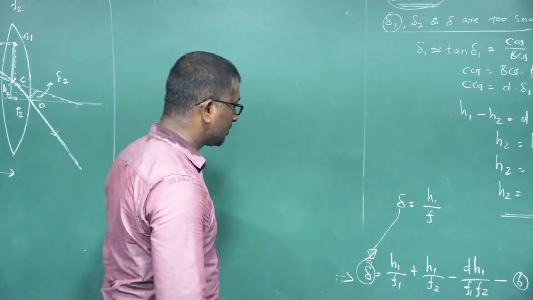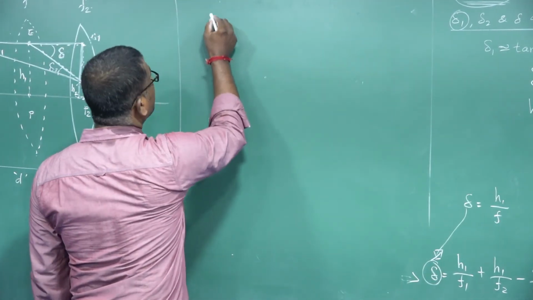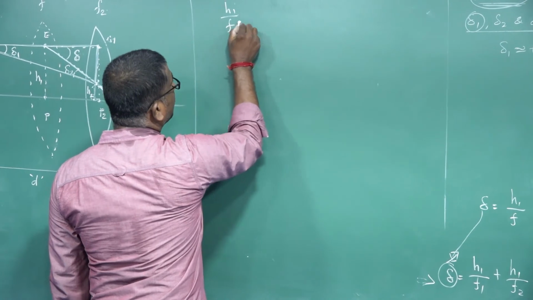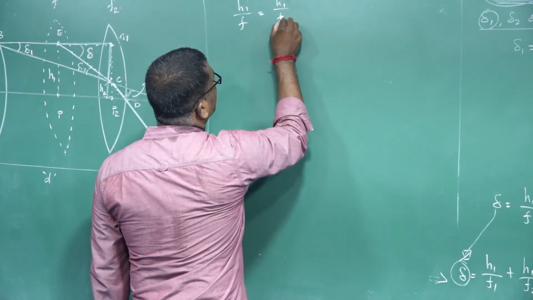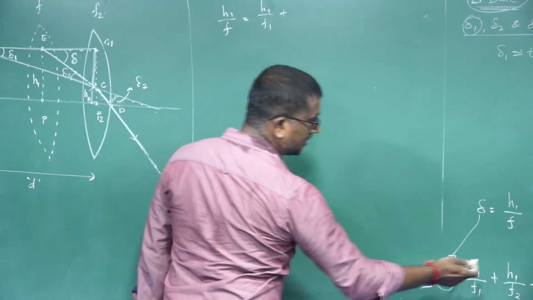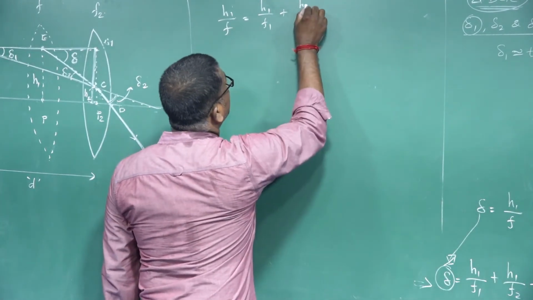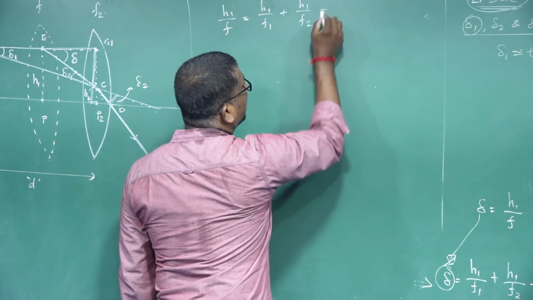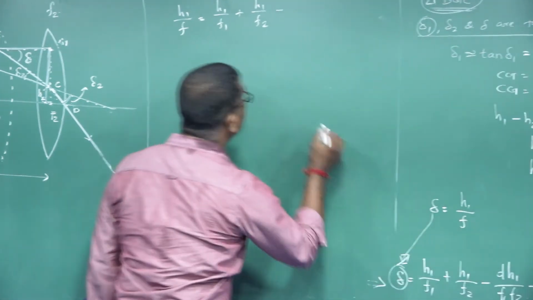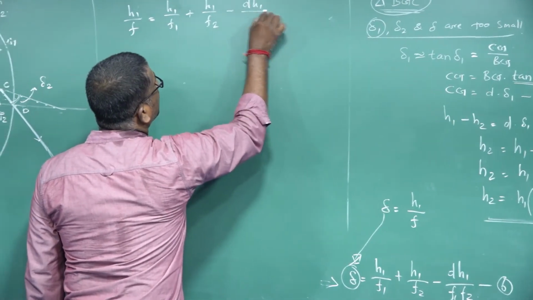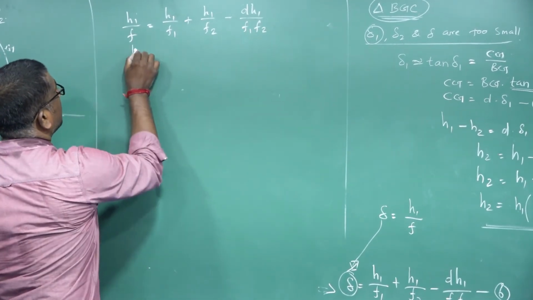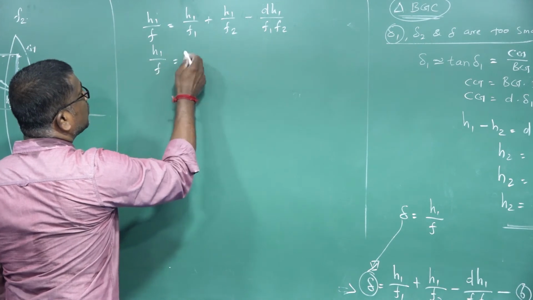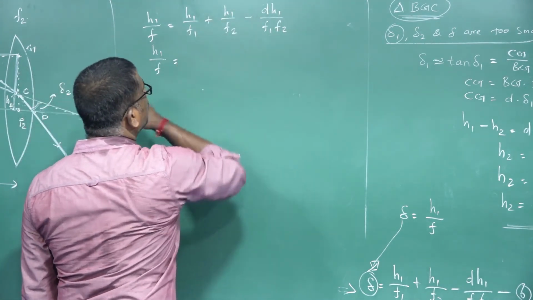Now equation number 6 becomes H1 divided by F is equal to H1 divided by F1 plus H1 divided by F2 minus D H1 divided by F1 into F2. Therefore H1 divided by F is equal to, here H1 common, so take outside.